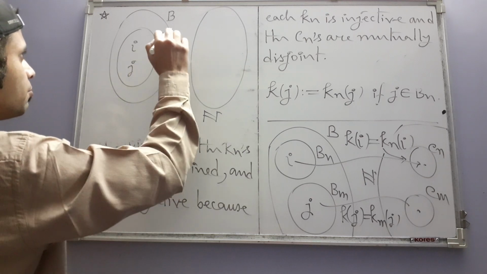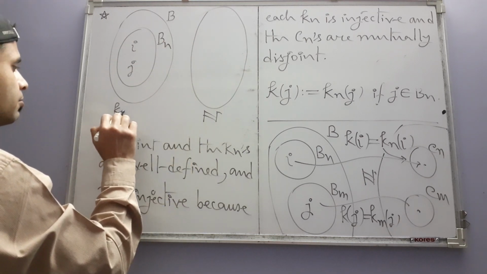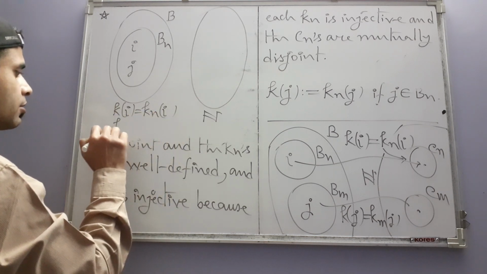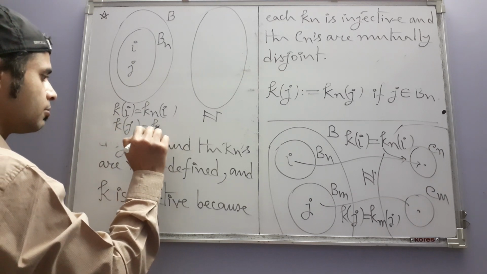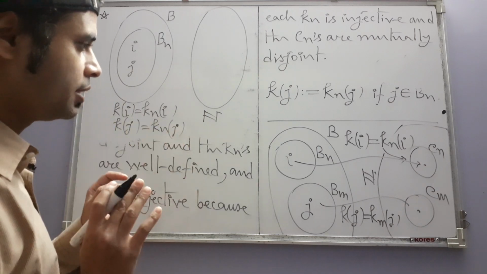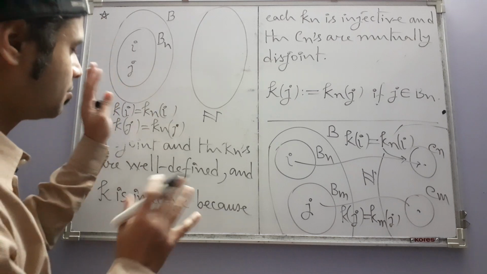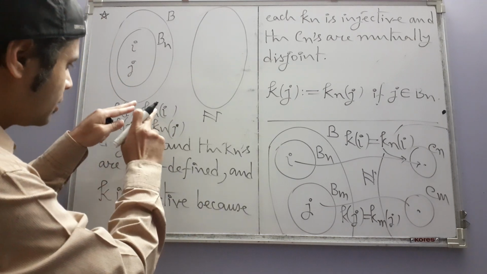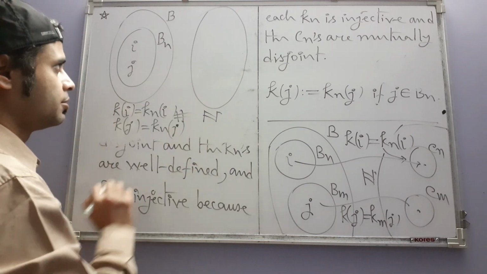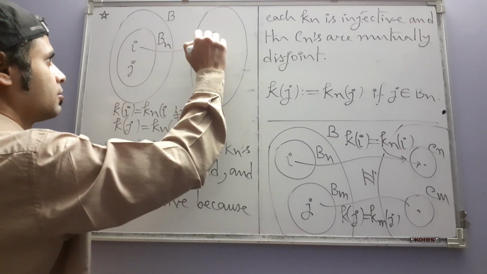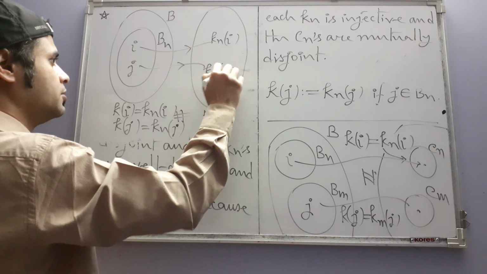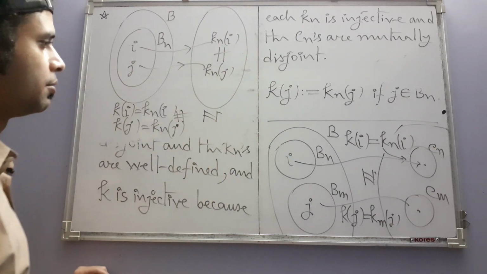However, now again just like before, K of i is Kn of i, but now K of j is also Kn of j. Because each Kn itself is injective, these two are going to be distinct. That is, this is Kn of i, this is Kn of j, so they are not going to be equal.